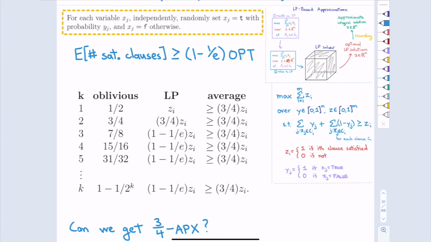So why not run both algorithms 10 times each and take the best? Why not? My concern though is that the best you'll get from your oblivious one is say 1/2 because there's some one clauses in there, and the best you get from your LP one is 1 minus 1 over e. So you just end up with 1 minus 1 over e.